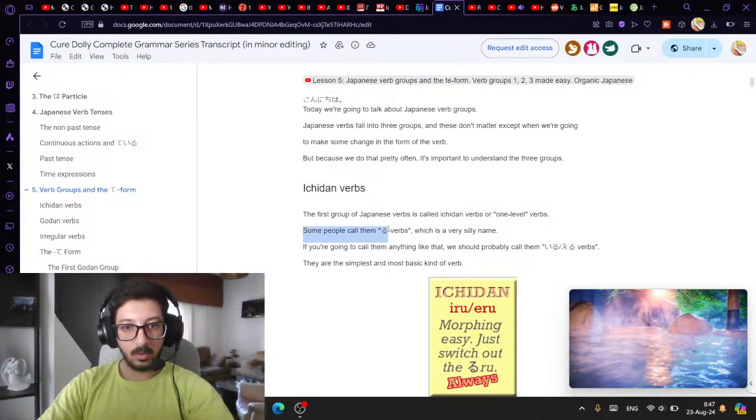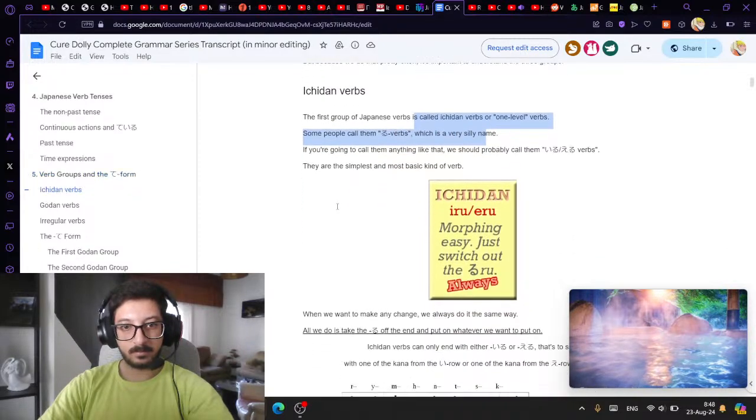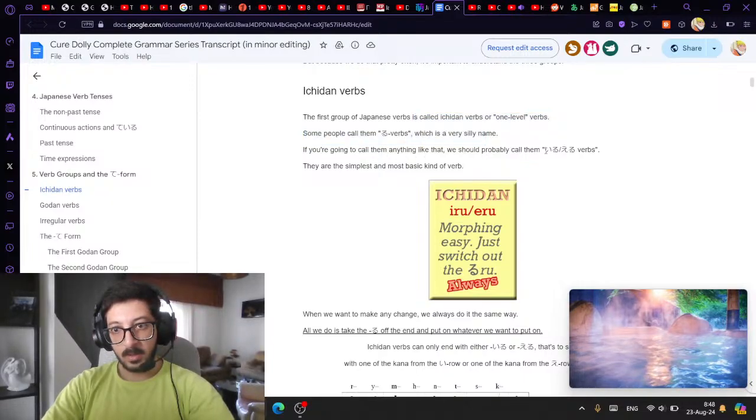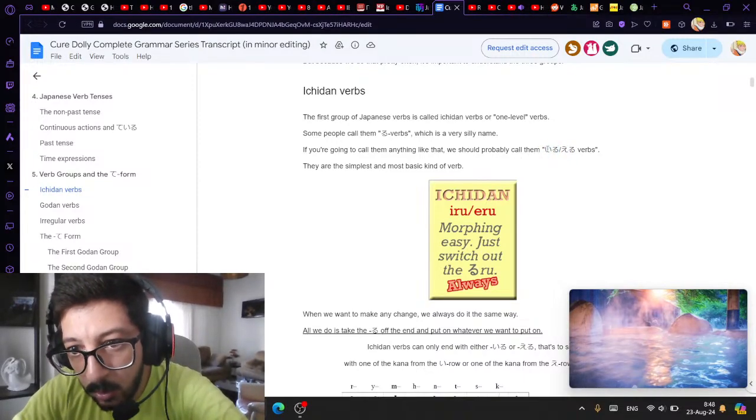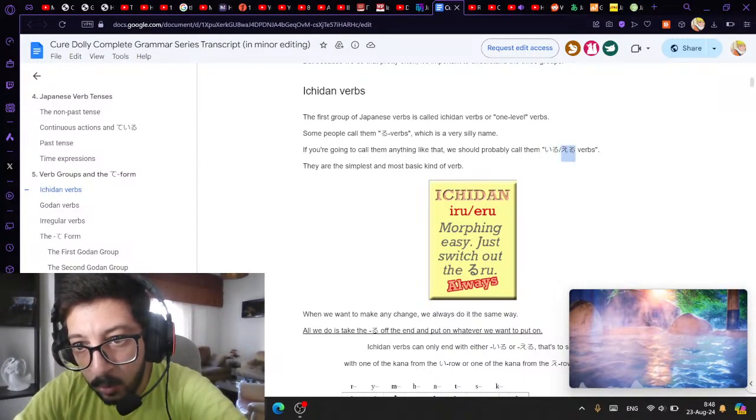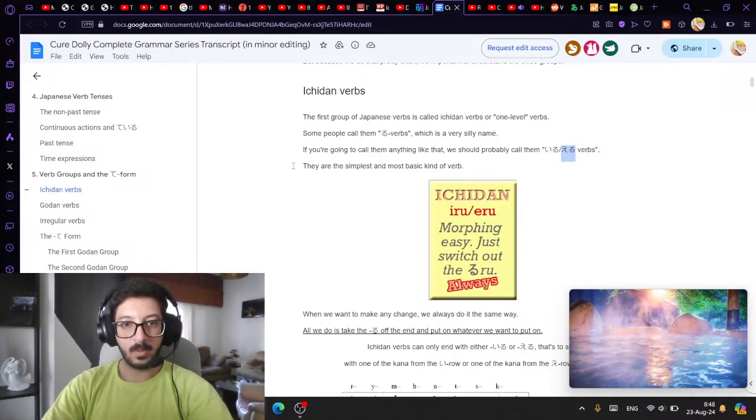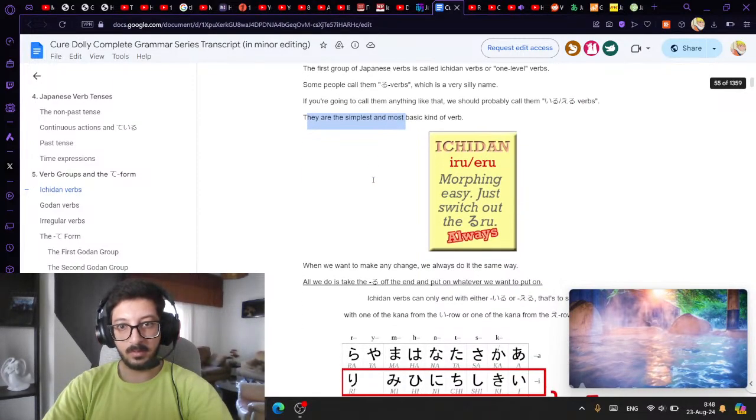Some people call them Ru verbs, which is a very silly name. If you're going to call them anything like that, we should probably call them Iru Eru verbs. They are the simplest and most basic kind of verb.